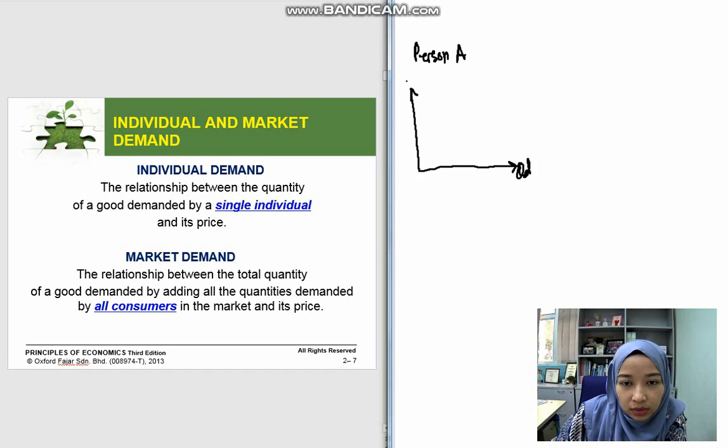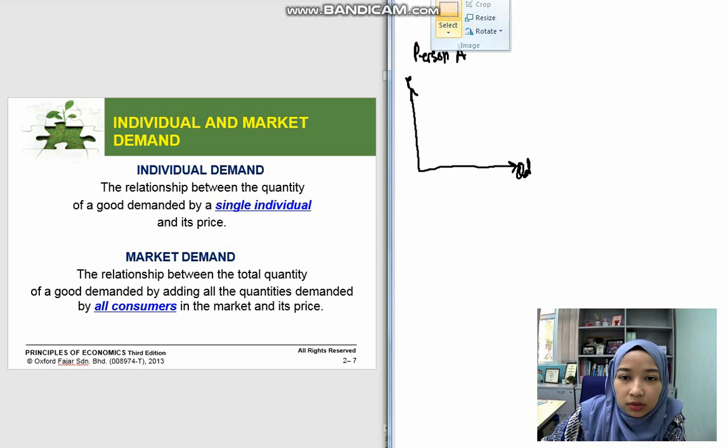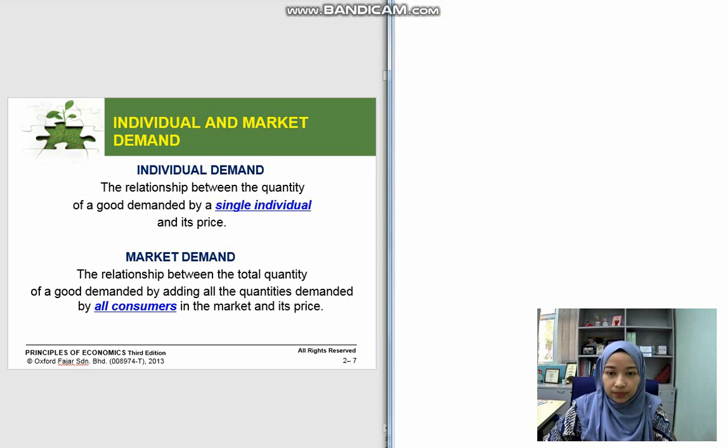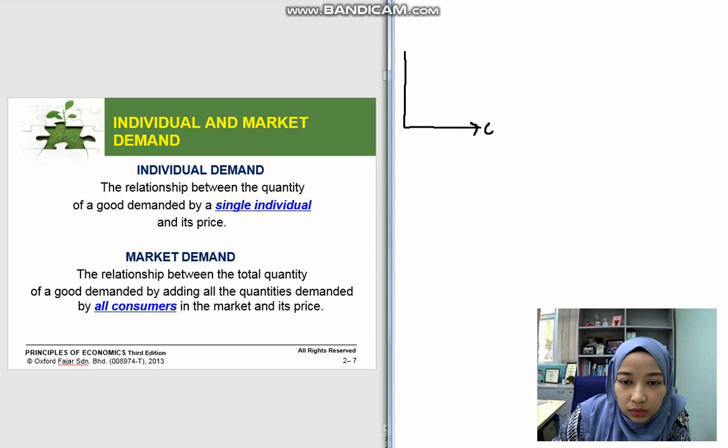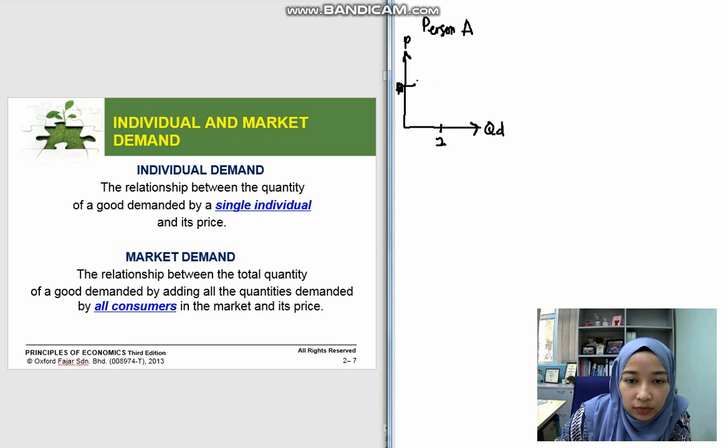Quantity demanded and price. So we have here quantity demanded and then price, and this is person A, or individual A. Let's say the price of shoes is 40 ringgit, and person A is willing to buy 2 pairs of shoes at the price of 40 ringgit.